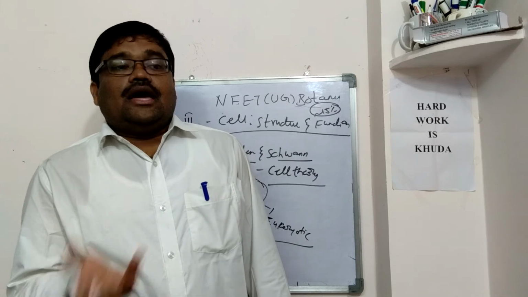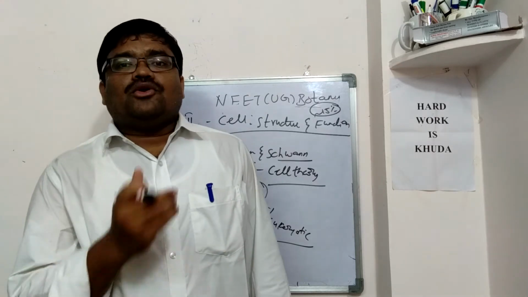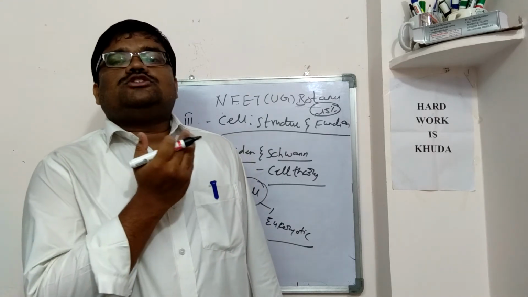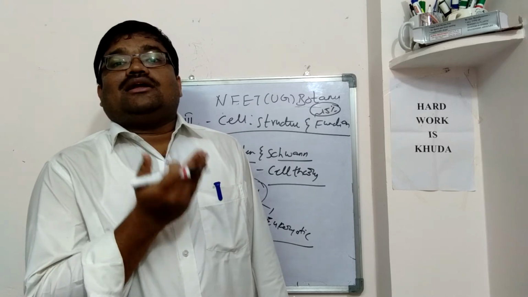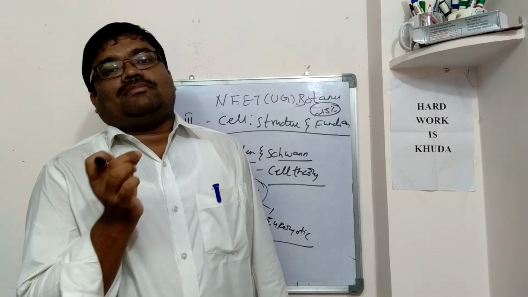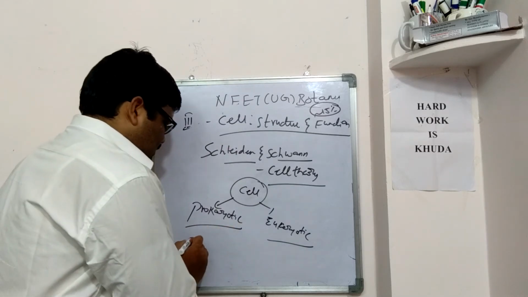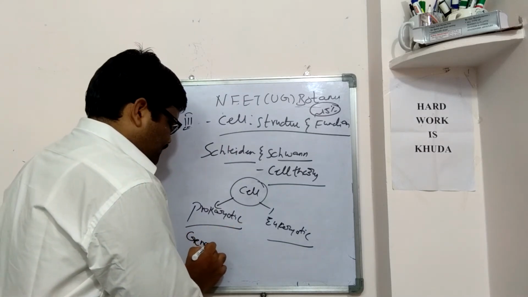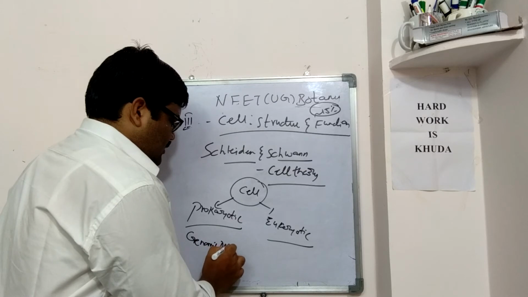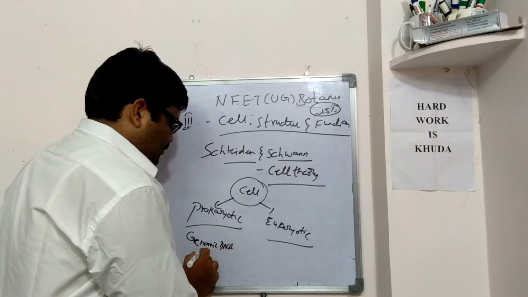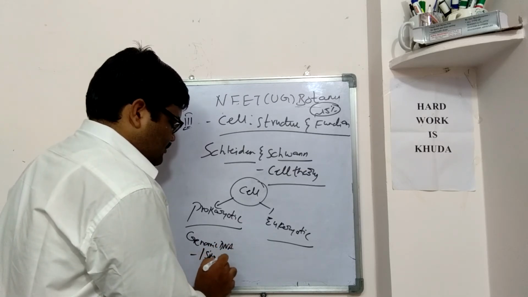That's it. And the significance of this prokaryotic cell is outside this genomic DNA or circular DNA, there are small circular plasmids. Okay? Plasmid. That means the genomic DNA, or what we call single chromosome.